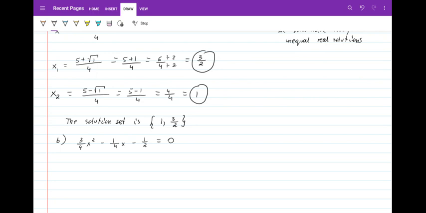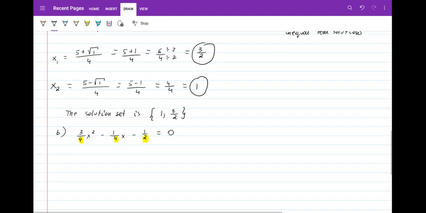So this quadratic equation is already in standard form. However, you have fractions. So using quadratic formula with coefficients being fractions, I do not recommend. So we don't want to have a fraction.